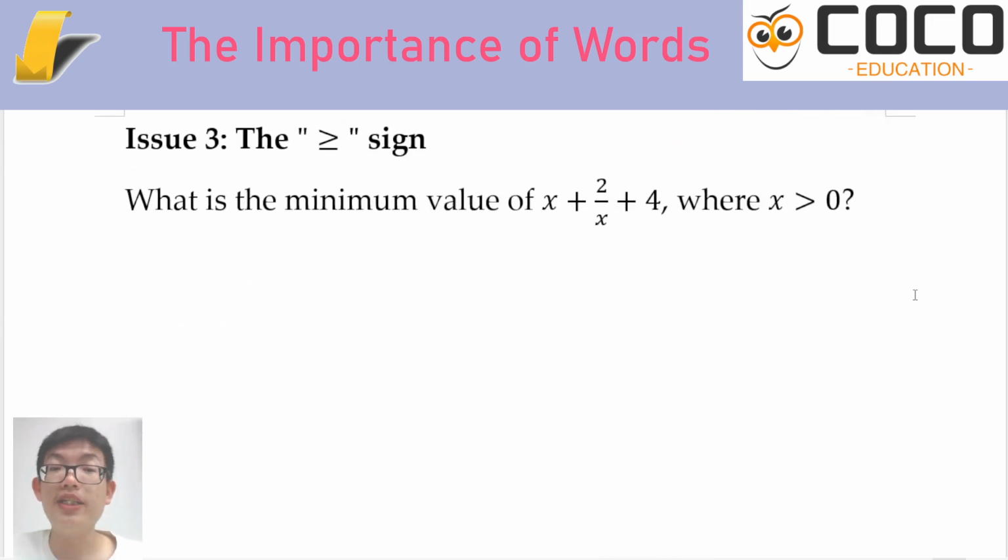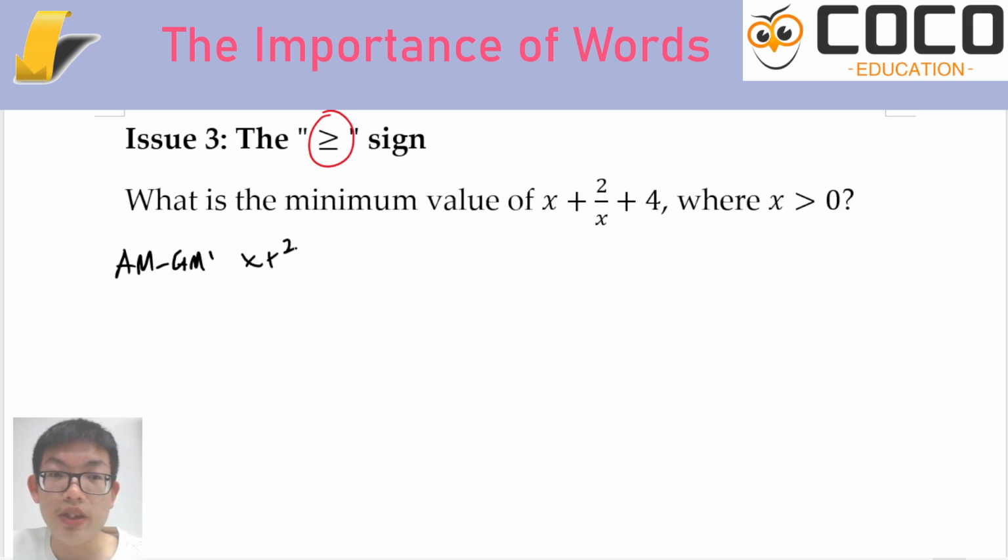The third thing I want to mention is this greater than or equal to sign. Now, this is a very common thing that will cause confusion. Let's say that you are doing this question where you have x plus 2 over x plus 4 and you want the minimum value. Many of you know the AM-GM inequality.